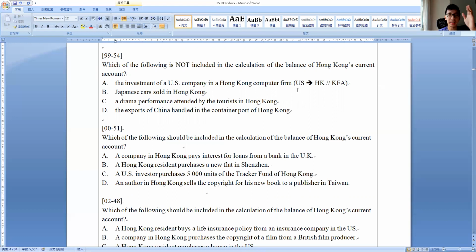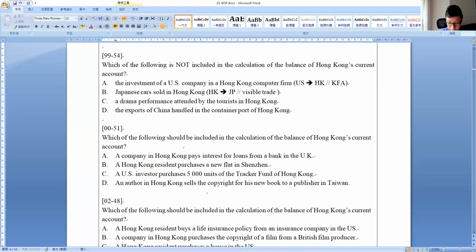Now, actually, this option is no good, right? We definitely know Hong Kong people are paying for something. Now, the thing is, where is this Japanese car sold? There can be two situations. First, if it is sold directly from Japan, then Hong Kong will be paying money to Japan, and this would be a visible trade.